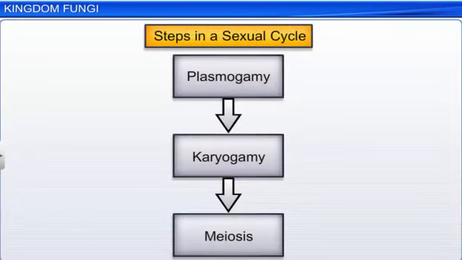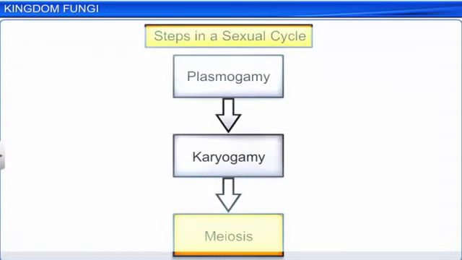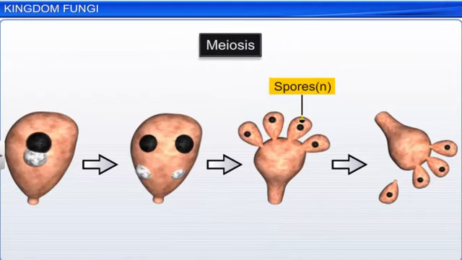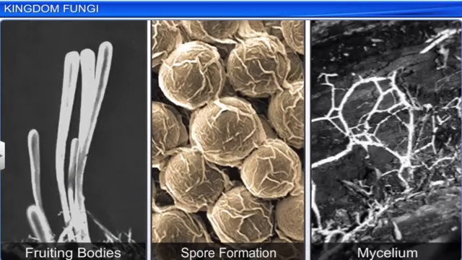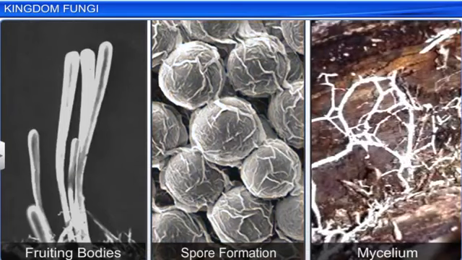The third stage involves reduction division, that is, meiosis, to form haploid spores. Meiosis occurs in the fruiting bodies of fungi. Together, the fruiting bodies, the mode of spore formation, and the morphology of the mycelium form the basis of the division of the kingdom fungi into various classes.